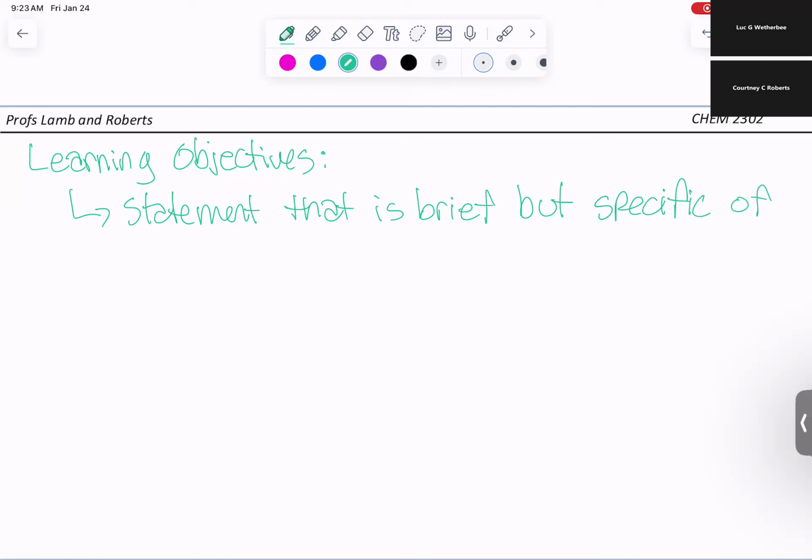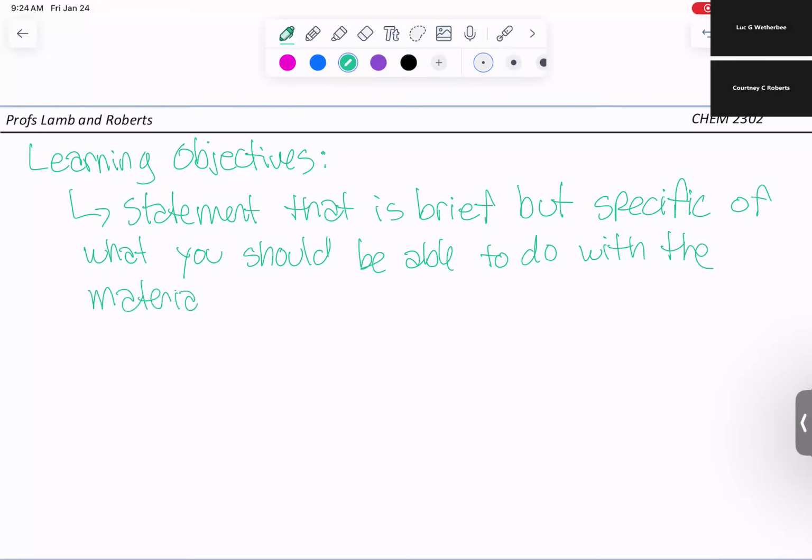And it's a brief and specific statement of what you should be able to do with the material when we complete the lecture. All right, so at the end of the day, we're gonna have some learning objectives and we're really gonna get into these more on Monday. We'll have one practice one today, but this is what we want, all right?